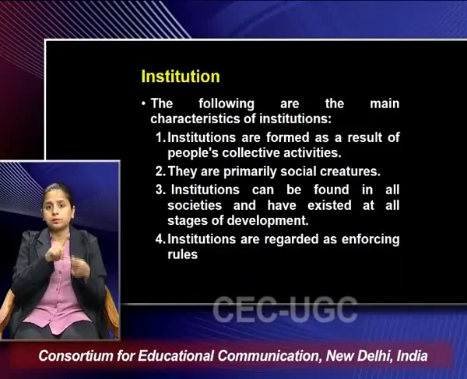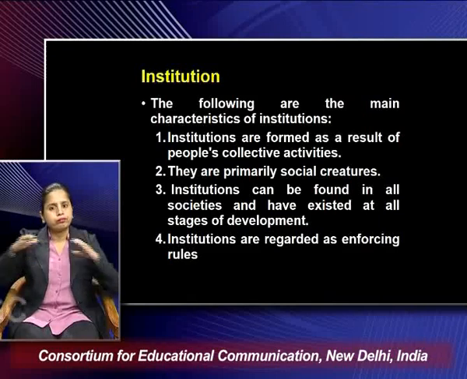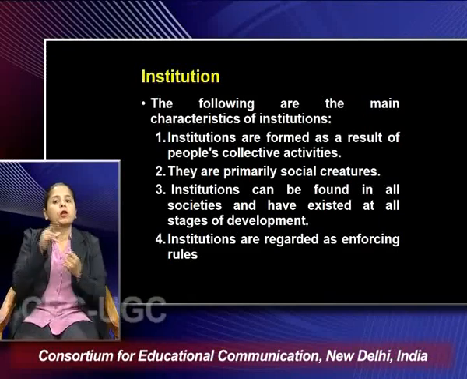Examples of institutions are the educational institution, religion as an institution, politics as an institution. So what are the main characteristics of institutions? Number one, institutions are formed as a result of people's collective activities. Number two, they are primarily social creatures.